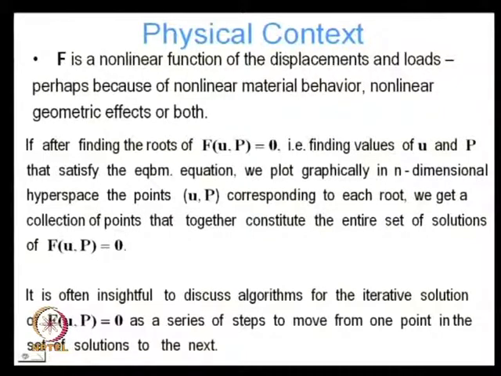After finding the roots of f(u, p) = 0, that is, after finding the values of u and p that satisfy the equilibrium equation, we plot them graphically in n dimensional hyperspace. Each dimension corresponds to one particular value, one component of u, and maybe another dimension corresponds to another component of u, and another dimension might correspond to one component of p.